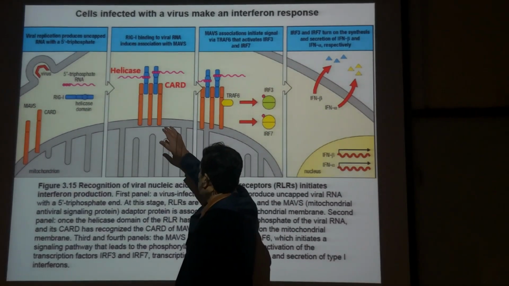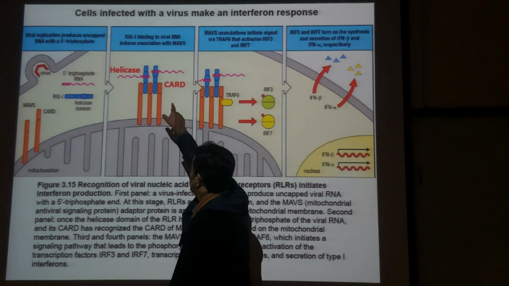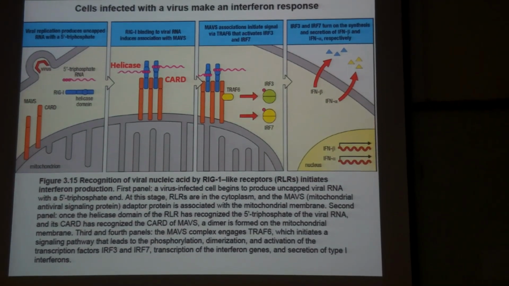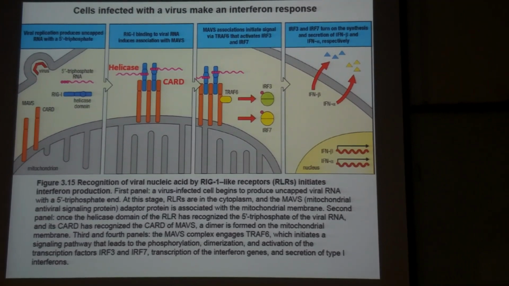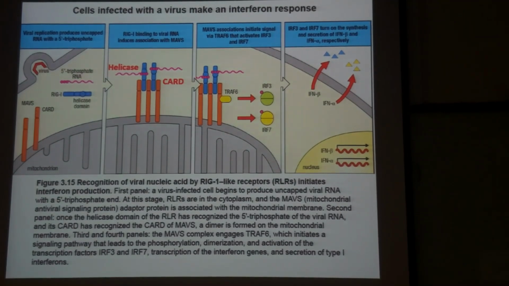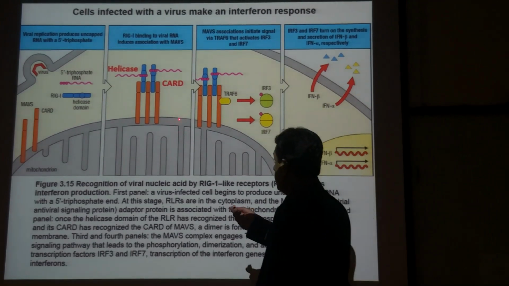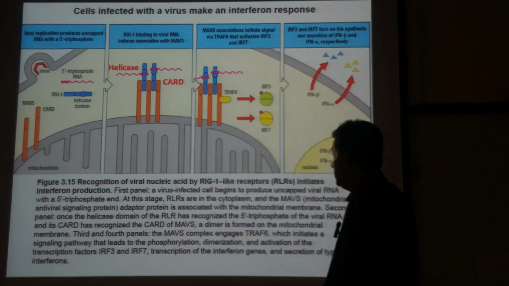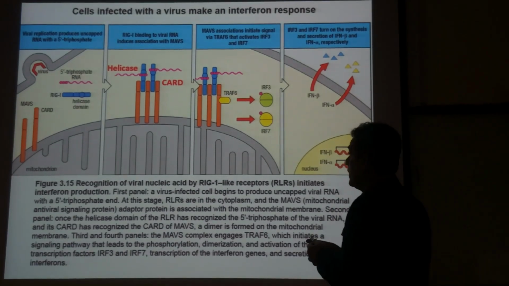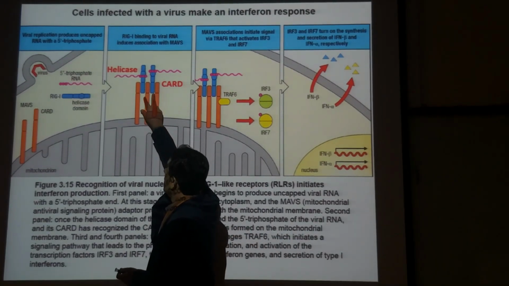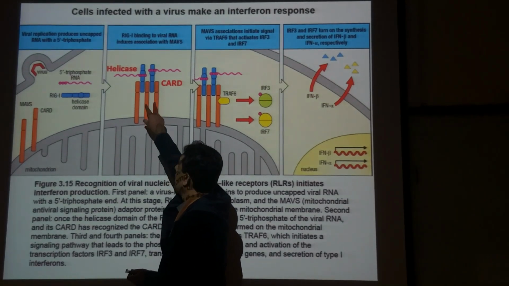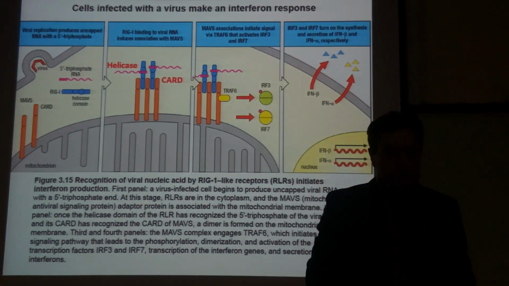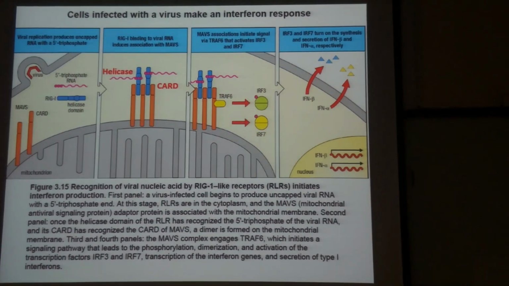And when there is binding of the CARDs here, there is dimerization of the RIG1 receptor. And you know that dimer is the active form of receptors. So dimerization here activates this particular signaling cascade in which you can see here are 2 RIG1 receptors and 3 MAVS bonded to the RIG1 receptors with the help of CARDs.